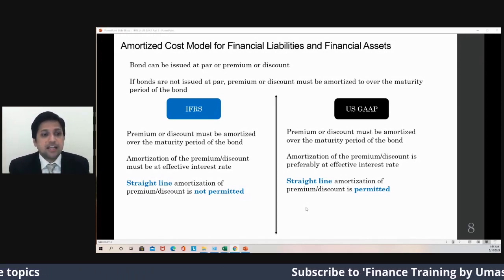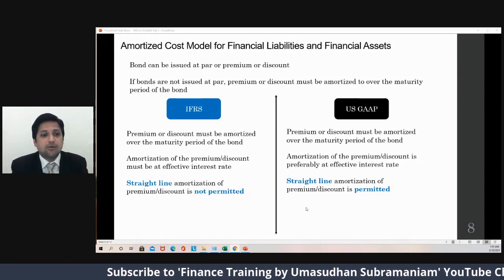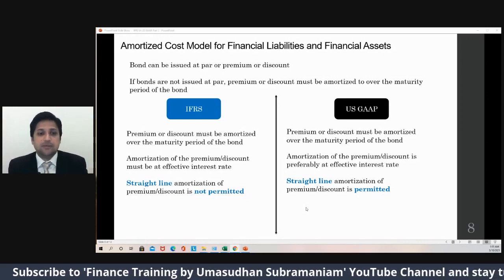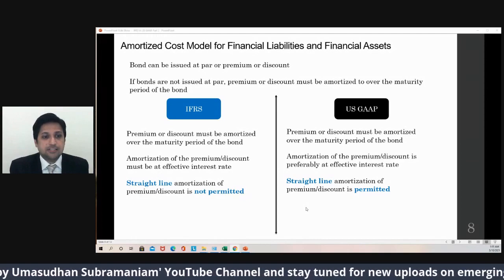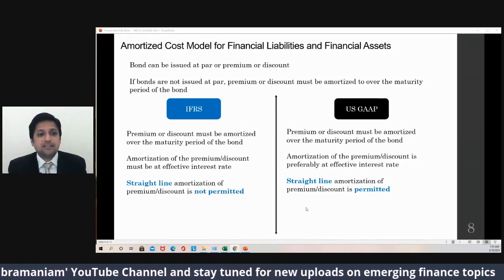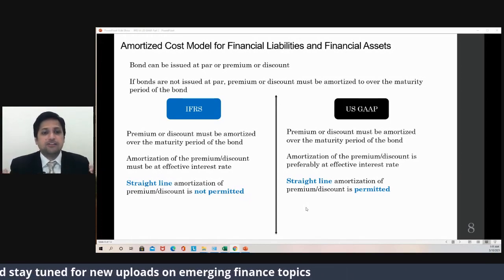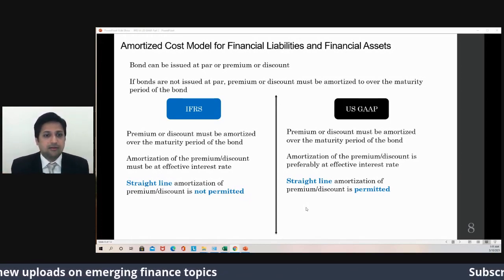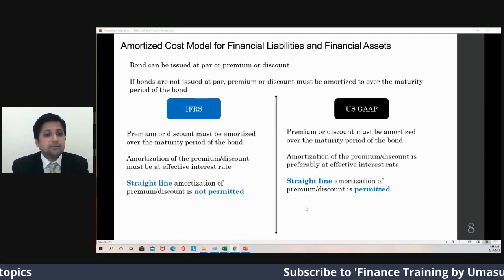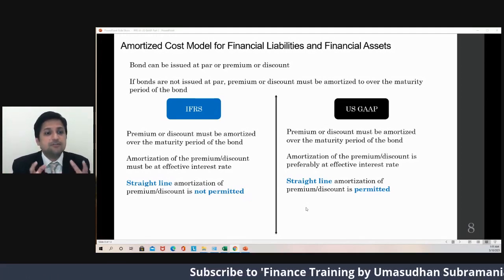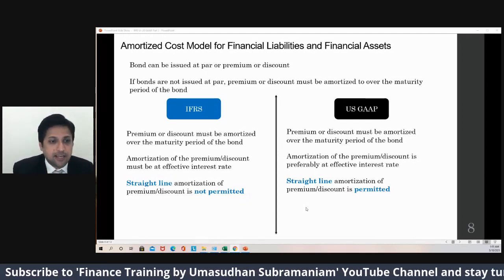Now the question is, how do we treat this premium and discount in IFRS and US GAAP? Remember, both in IFRS and US GAAP, the premium or discount on the bond must be amortized over the maturity period of the bond. But in IFRS, the amortization of premium or discount relating to a bond must be done at an effective interest rate.